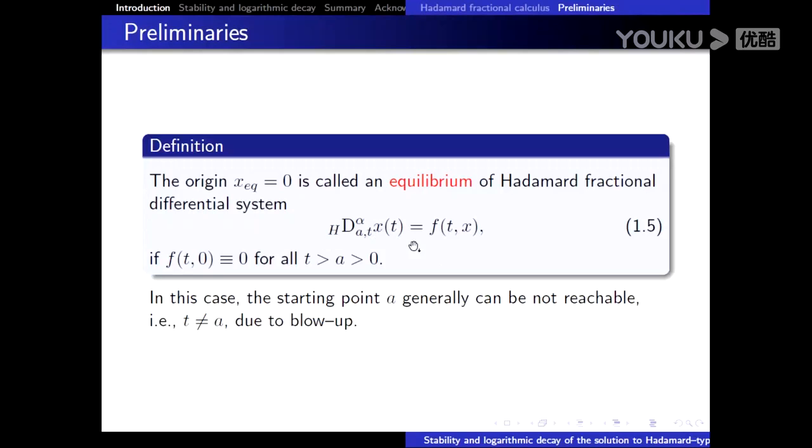For the Hadamard case, the origin x equals 0 is called an equilibrium if f(t, 0) is equal to 0 for all t bigger than a, a is a positive number. In this case, the starting point a generally can not be reachable.